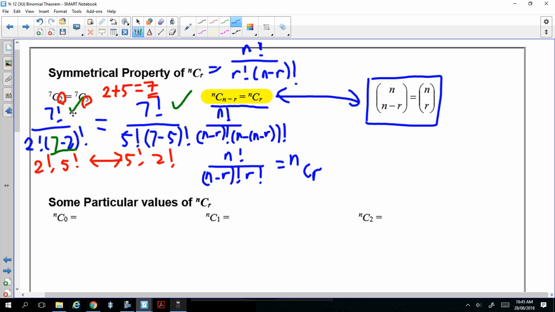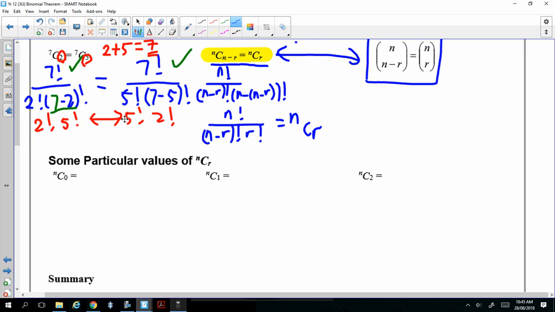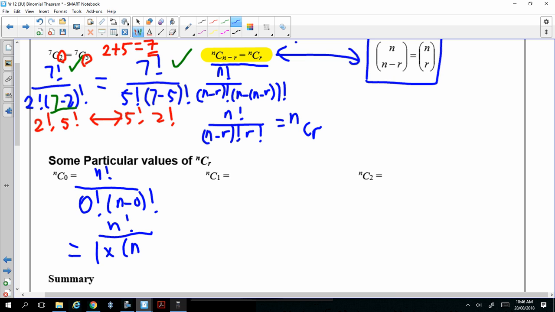nC0 is n factorial over 0 factorial times (n minus 0) factorial. Now, what's 0 factorial? 1. So n factorial over 1 times n factorial, which is just 1, right? So nC0, regardless of what n is, always equals 1.